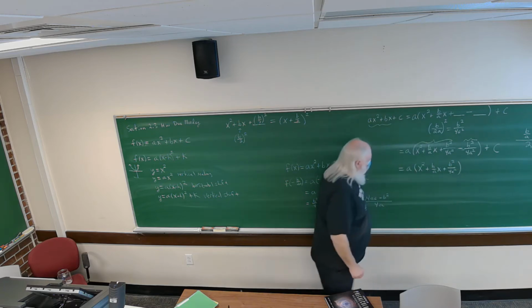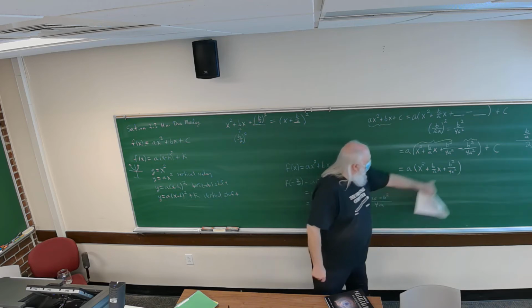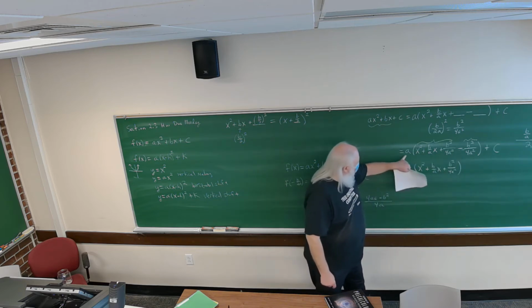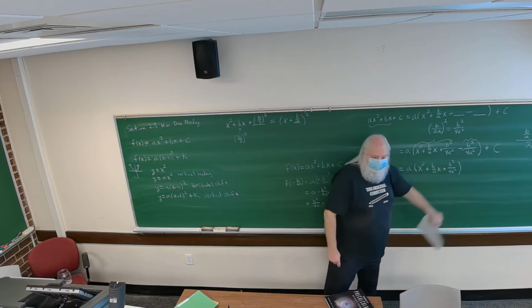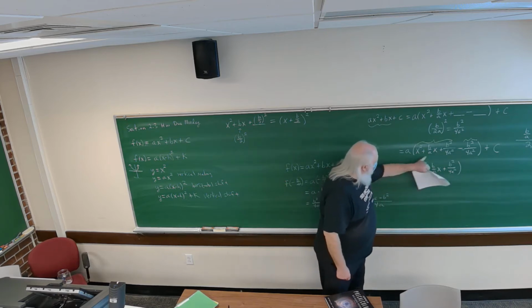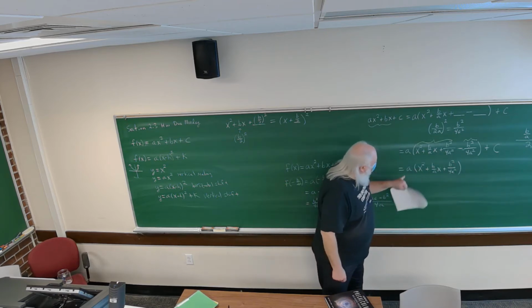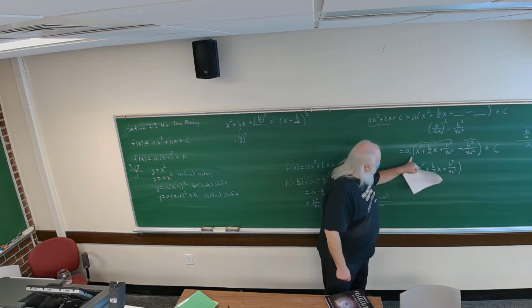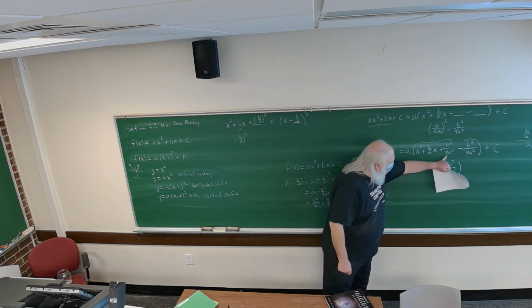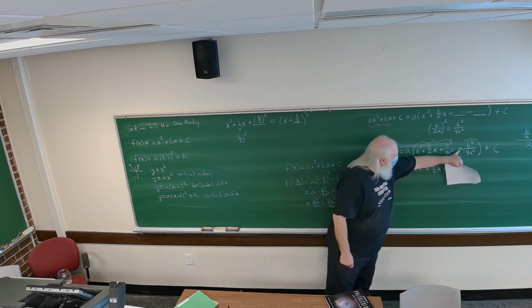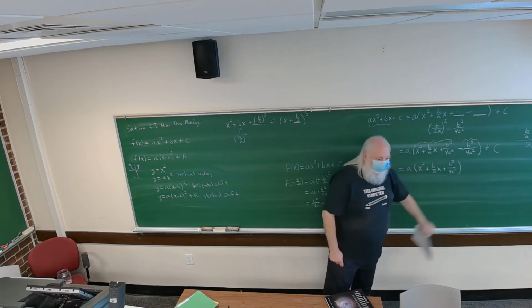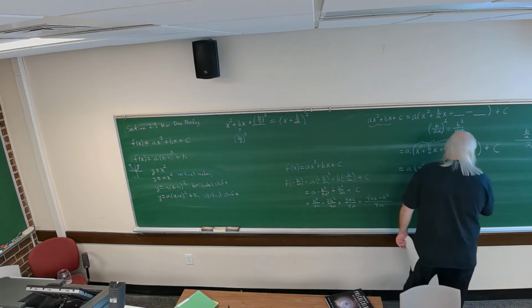And so when we do that, we have a times, in parentheses, the first 3 terms. And then we're going to subtract and multiply a by the 4th term. So instead of multiplying all 4 terms by a, we're just multiplying a by the first 3 terms, and then subtracting and multiplying a by the 4th.